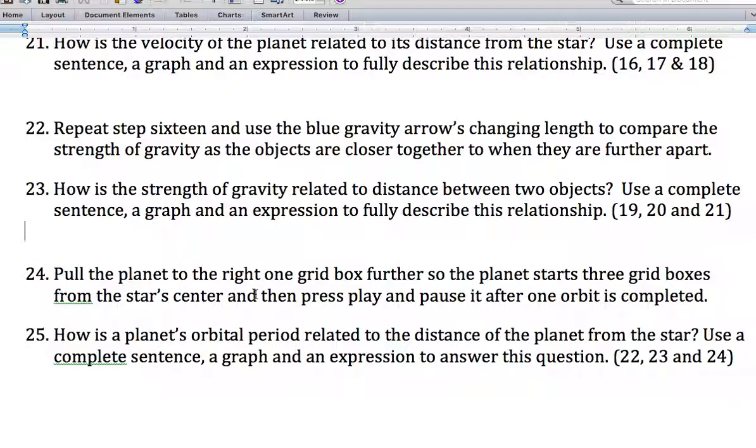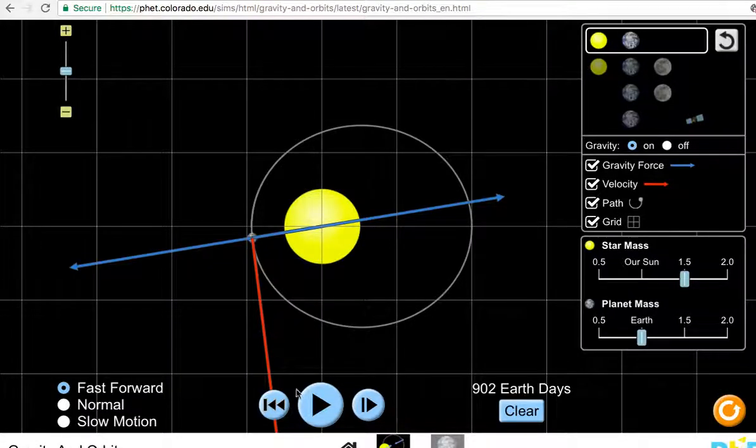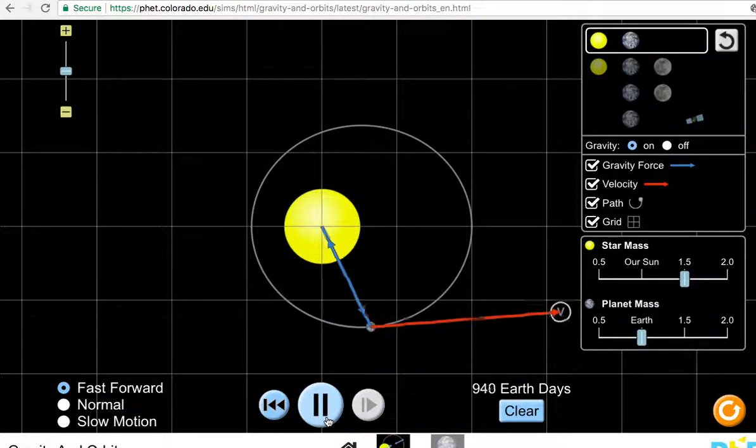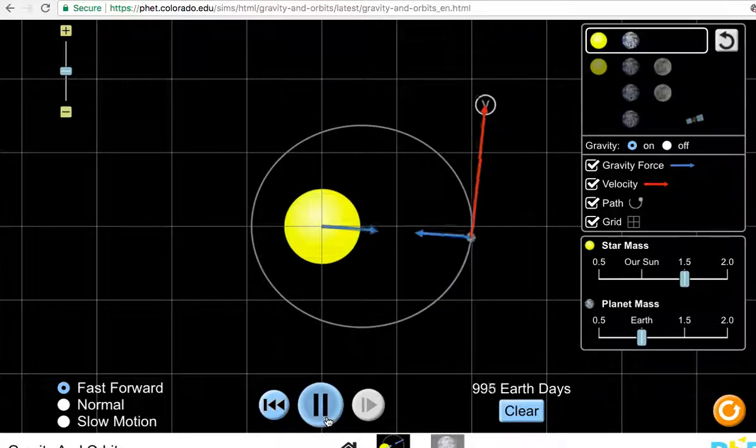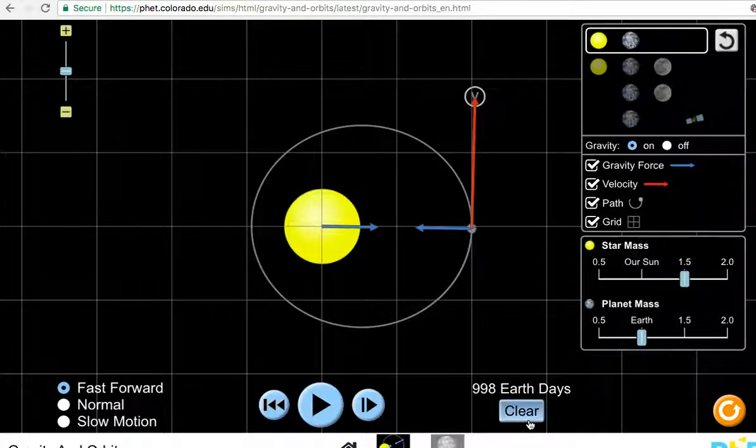So we're going to pull the planet to the right 1 grid box further, so the planet starts 3 boxes from the star center, and then press play and pause after it goes through 1 orbit. So let me get this back there, clear that out.